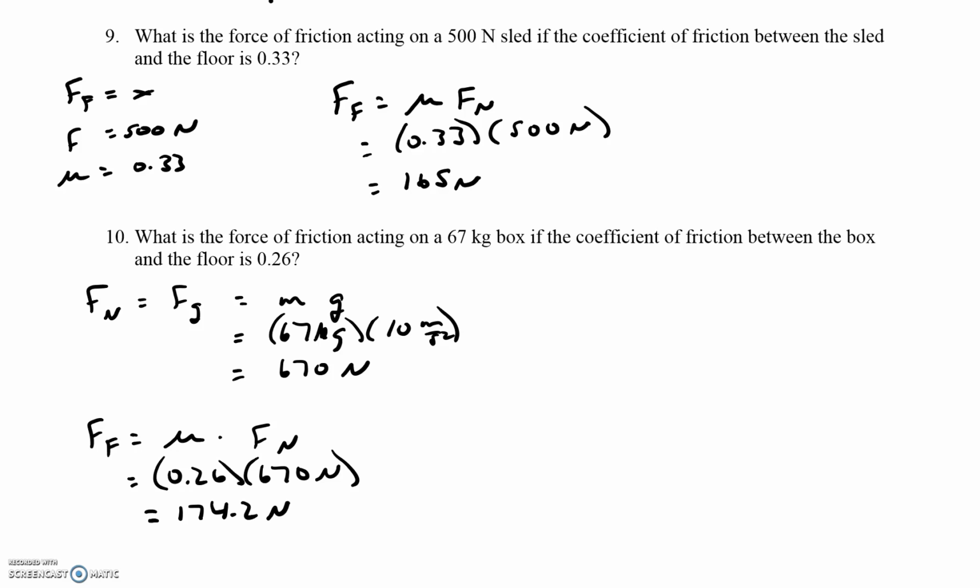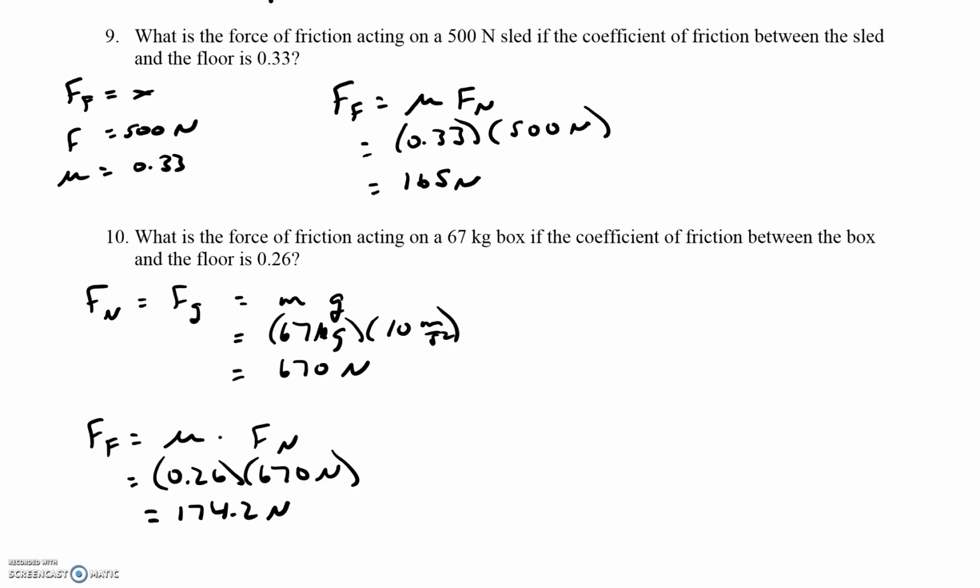For number 10, what is the force of friction acting on a 67 kilogram box if the coefficient of friction between the box and the floor is 0.26? So our normal force equals our force due to gravity, which equals our mass times our acceleration due to gravity.